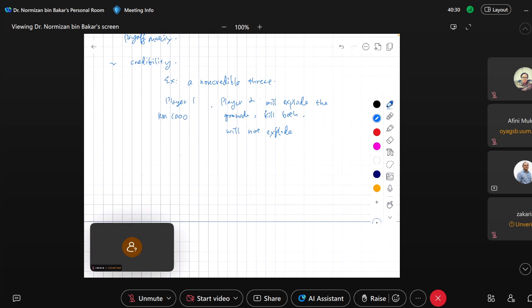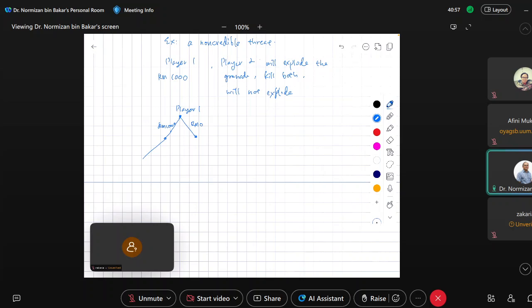So in the starting node, we have player 1, who will give 1,000 ringgit to player 2 or give 0 ringgit. After this choice of player 1, here is player 2.